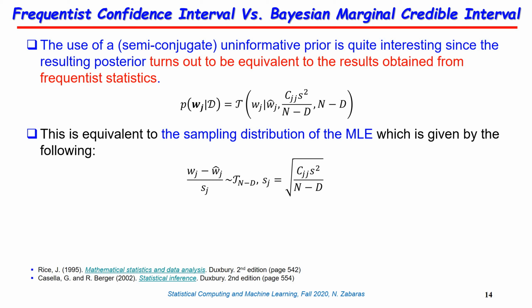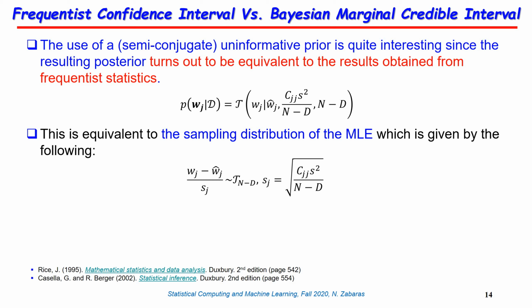When you compute error bars or confidence intervals on Wj, the credible intervals that you get in the Bayesian setting turn out to be the same as the confidence intervals you may be familiar with in the frequentist setting.